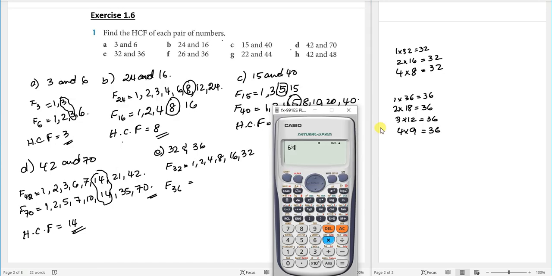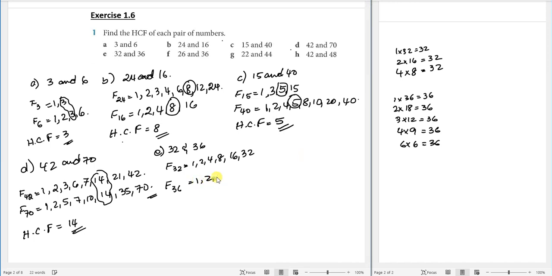And 6 times 6 is equal to 36. So the factors are 1, 2, 3, 4, 6, 9, 12, 18 and 36. So hence HCF, the highest common factor, is 4.